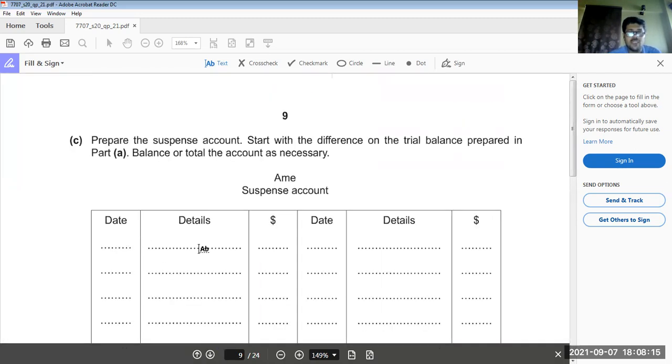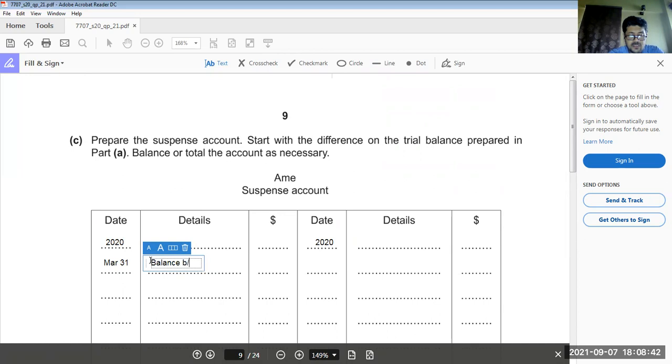We have to make a suspense account. The date is 31st March 2020, the last day of the month. Balance b/d means the balance of the suspense account from the trial balance.